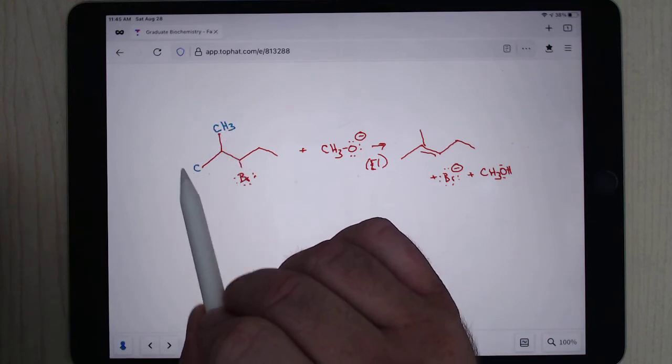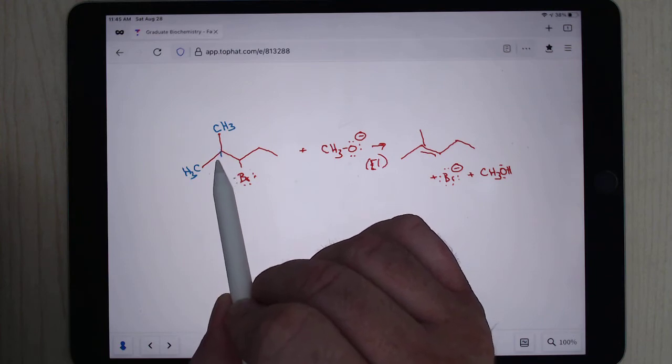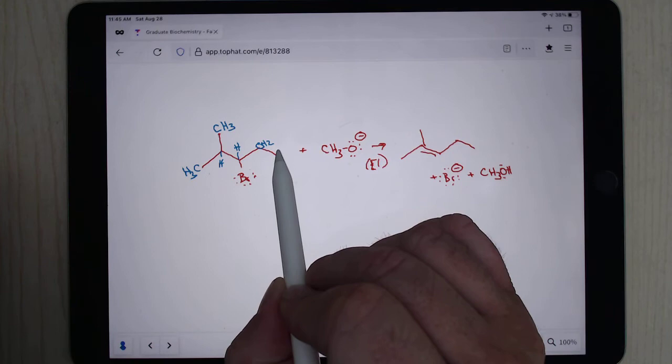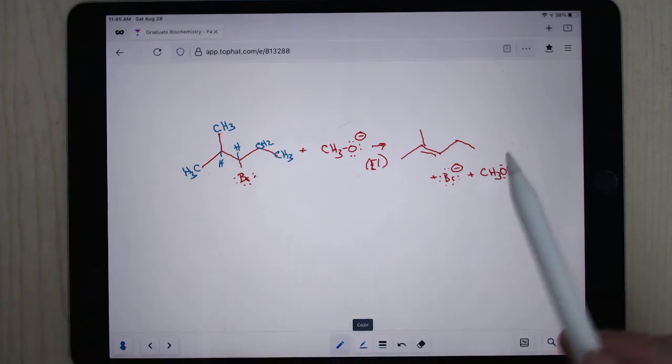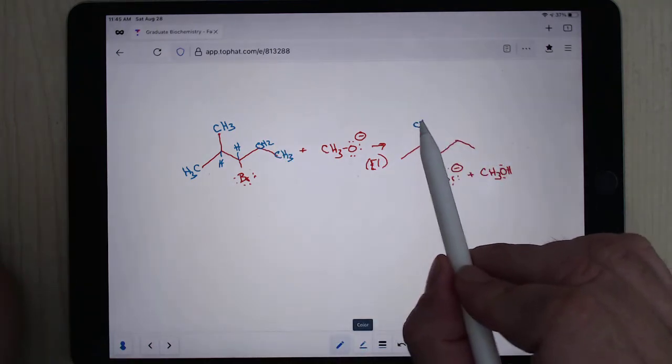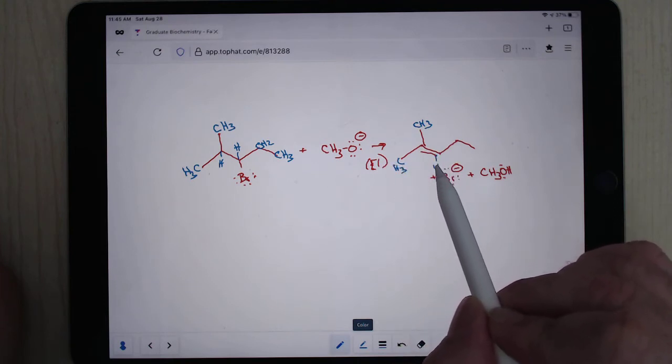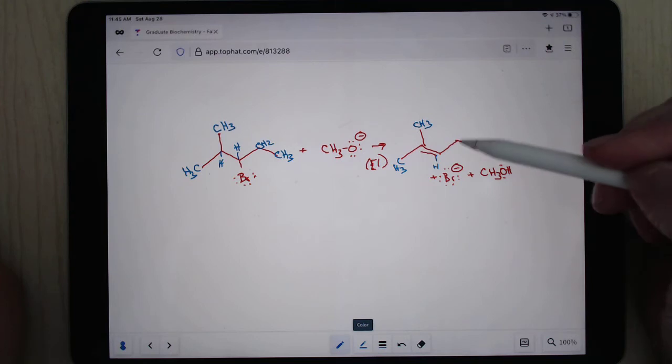Right, so CH3, CH3, H, CH2, CH2, or CH3. Same thing goes here. This may not necessarily be the best example, but we're going to walk you through it.